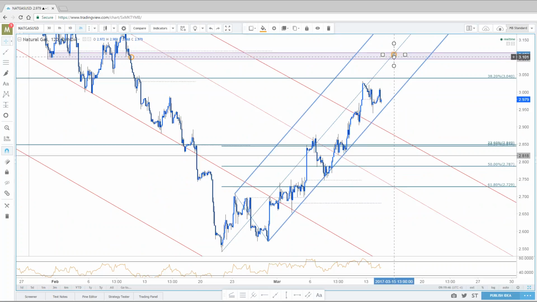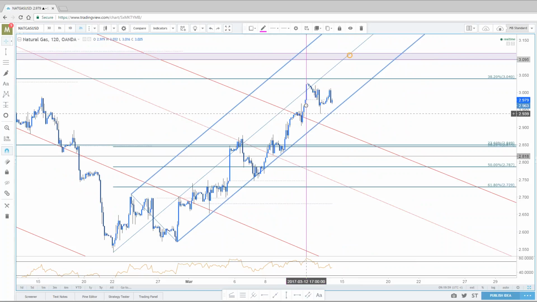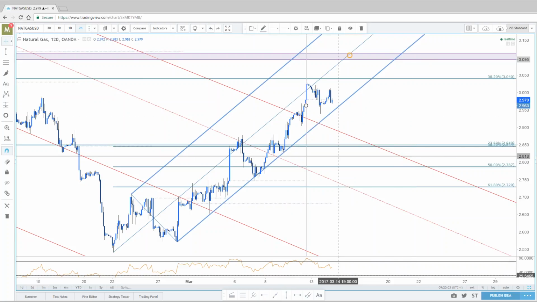This is the risk on the rally. And your weekly opening range low comes in here.